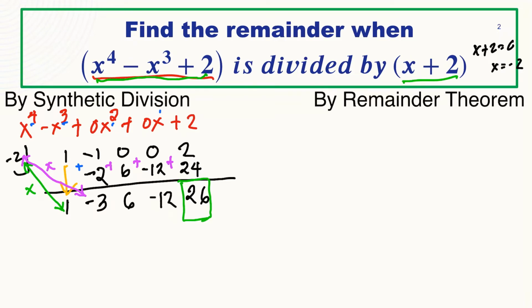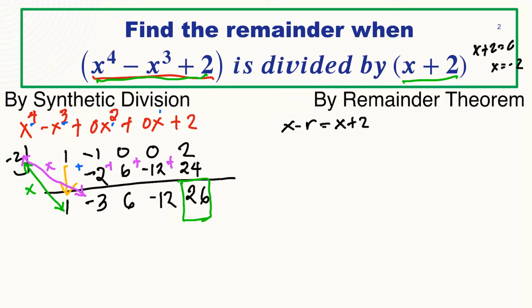Now what about if we're going to use the remainder theorem? I mentioned a while ago that the first thing you need to do using the remainder theorem is simply get the value of small r. So how do we do that? x minus r is equal to x plus 2, because x plus 2 is our divisor.